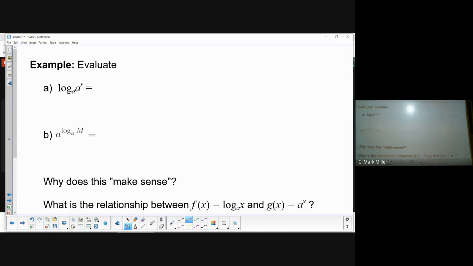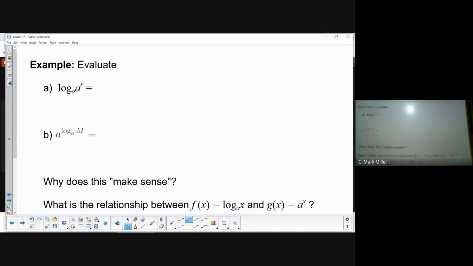Now, I want you to think for a second. Log base A of something is the power I have to raise A to get something. So what power do I have to raise A to get A to the r?